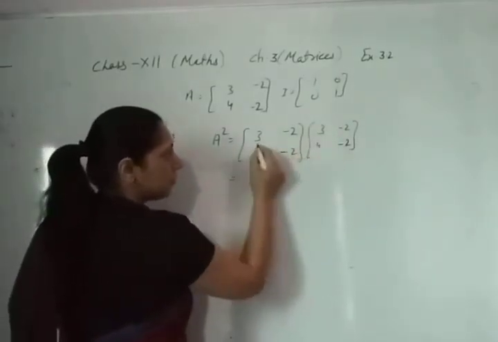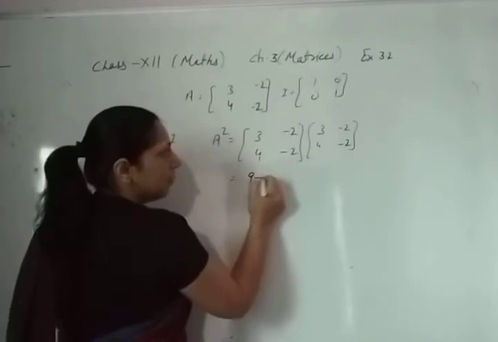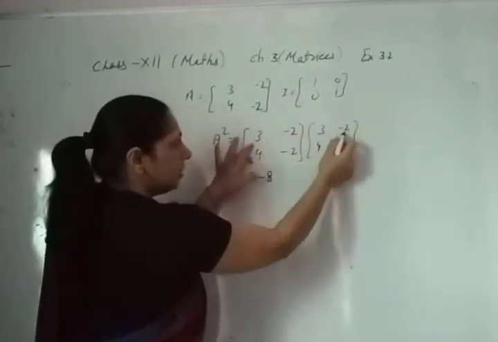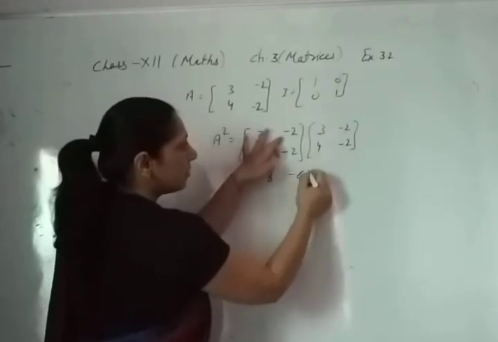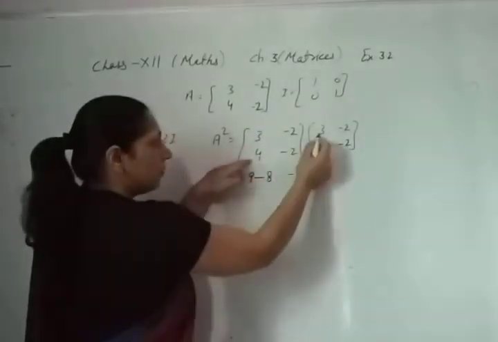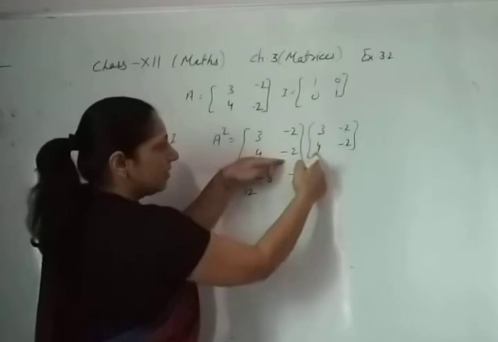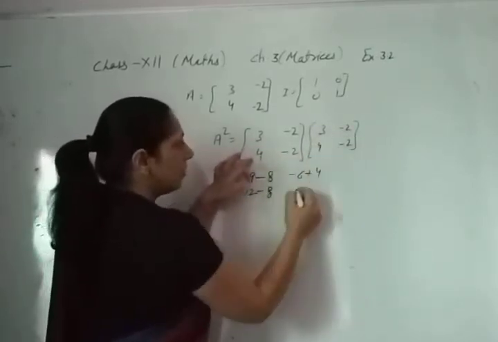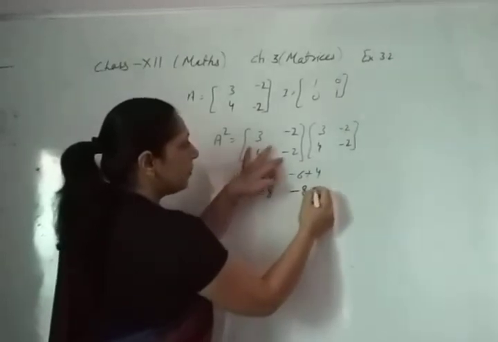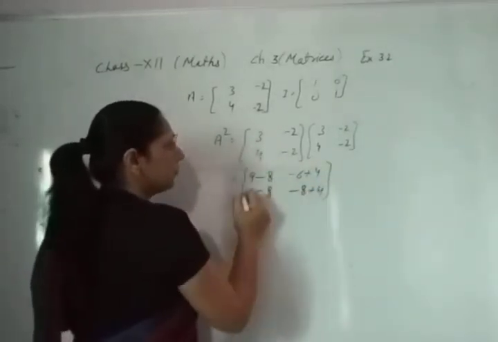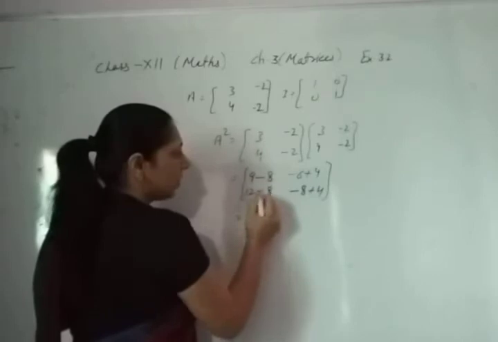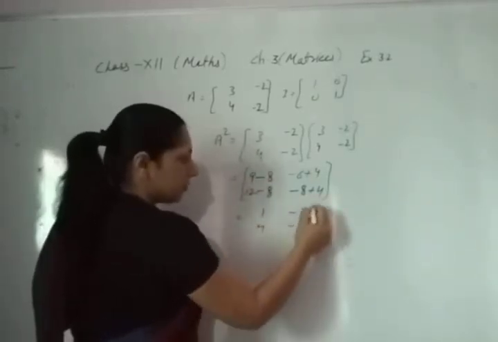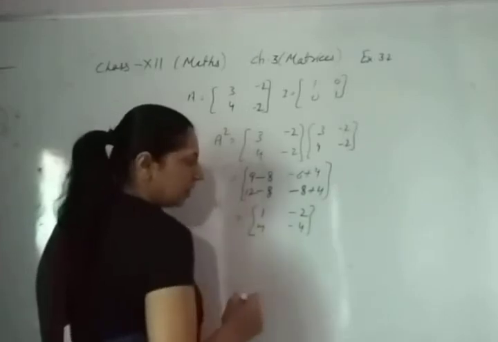First row, first column: 3 3s are 9, minus 4 2s are 8. 3 2s are 6, minus minus plus 2 2s are 4. 4 3s are 12, minus plus minus 2 4s are 8. Now this one, minus 4 2s are 8 plus 2 2s are 4. So this is equal to 9 minus 8, 1, minus 2, 4, minus 2. So this is our A squared.